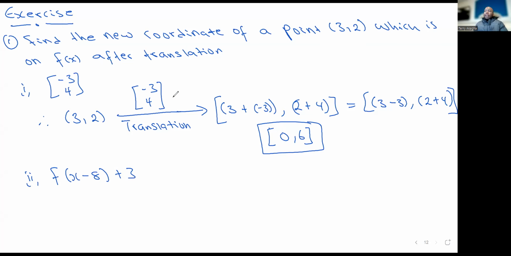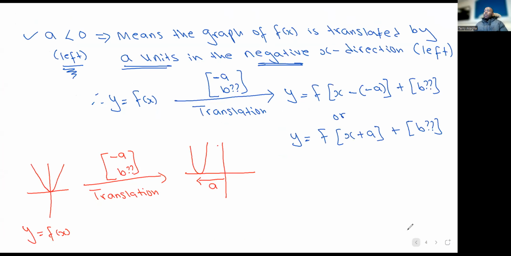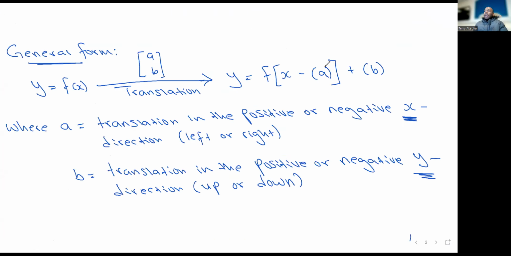We can get the a and b from here, because I told you that in the general form of f(x), the number in the bracket with the minus is the a, and this is the b.